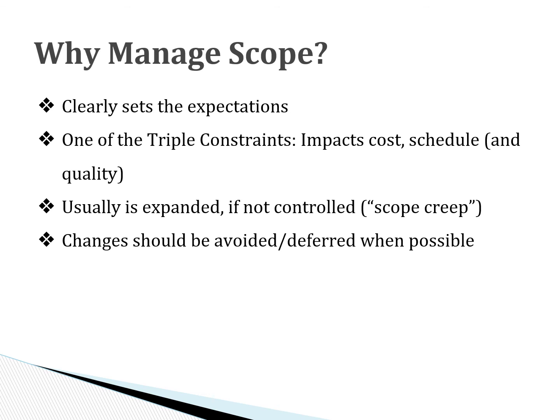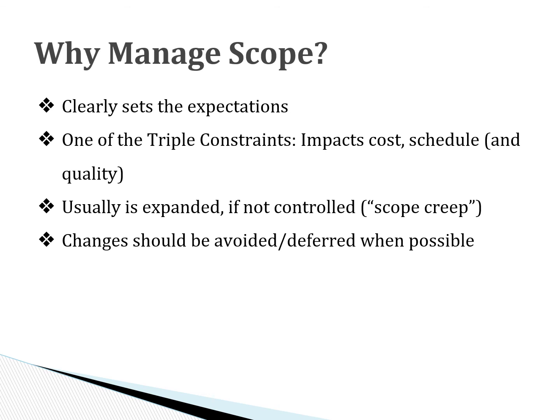Keep in mind that scope is one of the triple constraints, along with cost and schedule, that impact the quality of the project. If we don't manage scope, it is very possible, and it often happens, that scope expands. That is what's called scope creep.